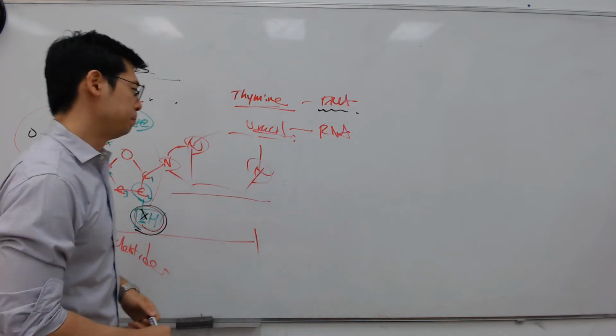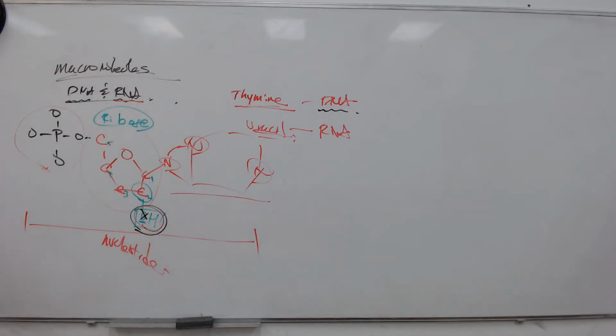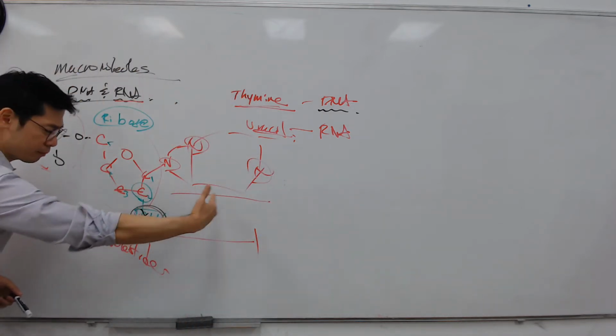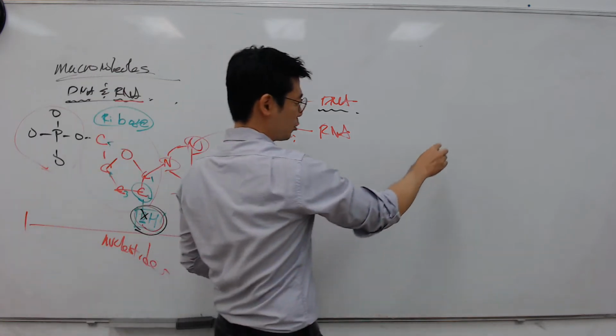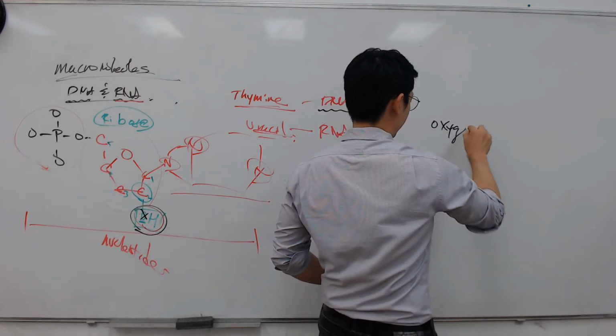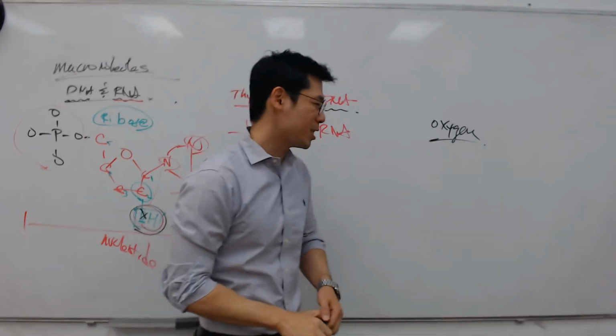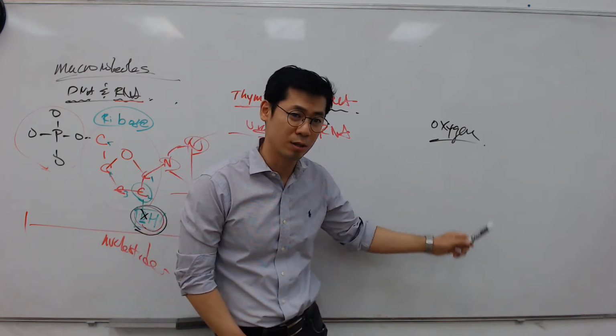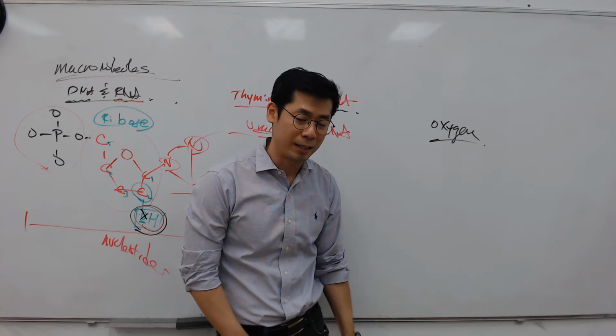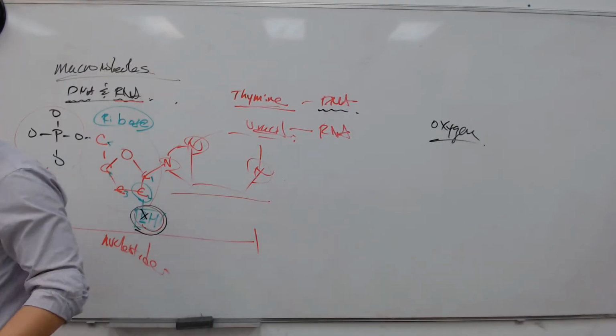But now for the RNA base, a nucleotide with the oxygen on the second carbon, what happens? If you have an oxygen, typically what do they do? Oxygens, like in a reaction perspective, what do they do?